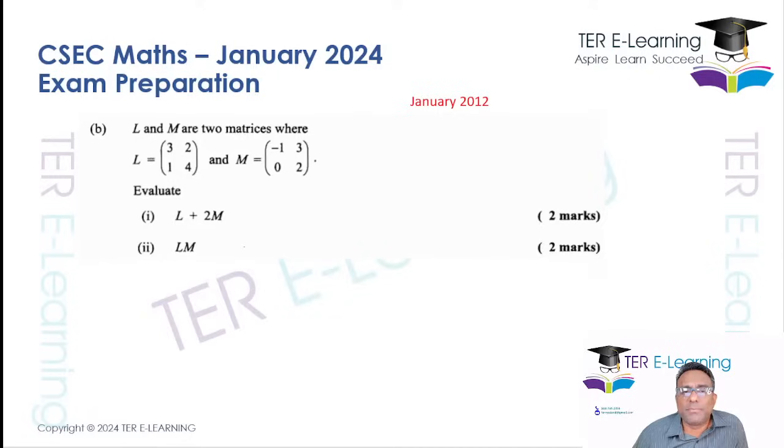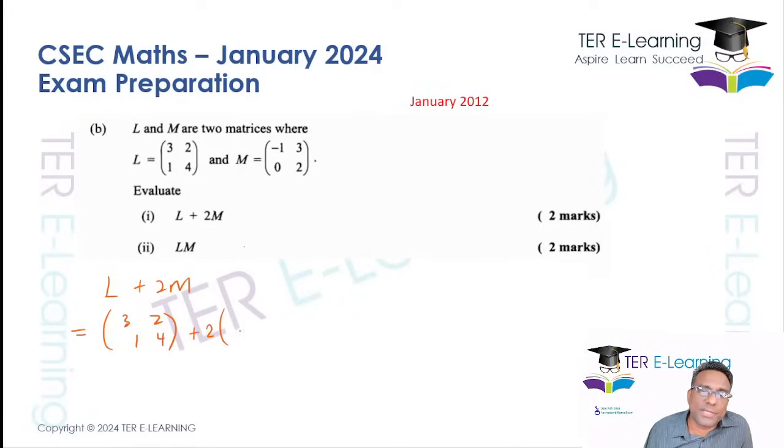Right? Okay, we have two matrices and you want to work out L plus 2M. So L in this case here is 3, 2, 1, 4 plus 2M. So that's 2 multiplied by minus 1, 3, 0, 2. So this is 3, 2, 1, 4.